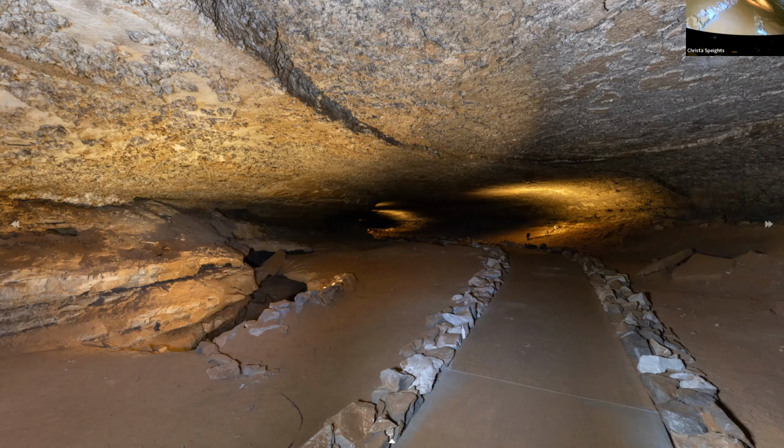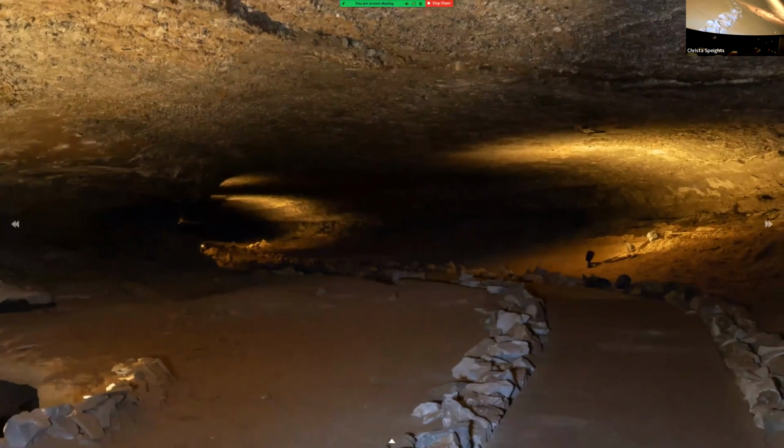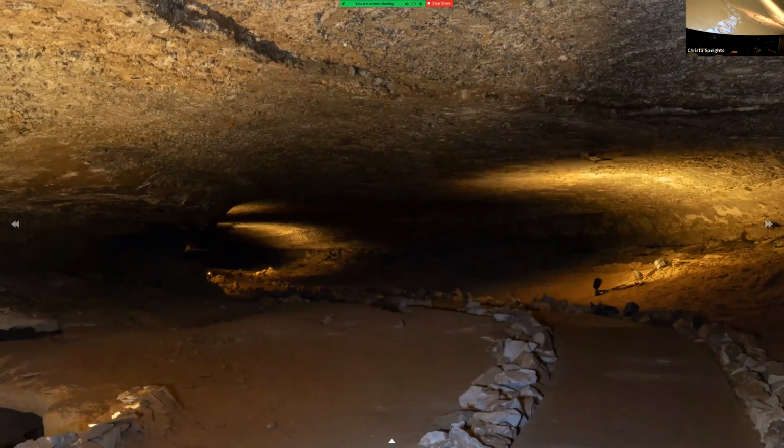People think that this formed right at the water level. This was the water table whenever this passage was forming, and it just made this perfect tube. The river wasn't cutting down very much at that time, so it was able to stay at that level for a while and dissolve out this really perfect tube.